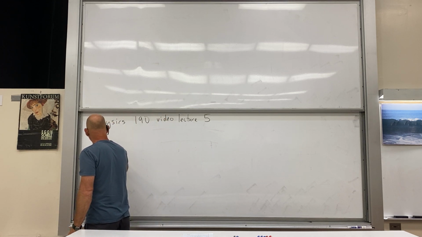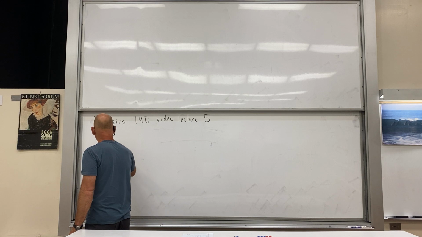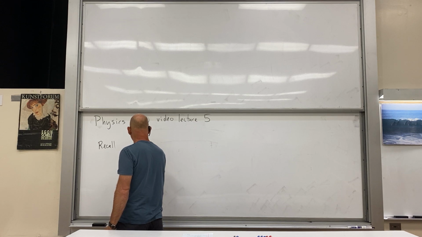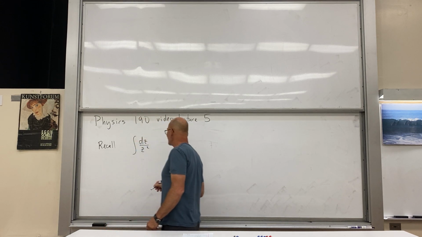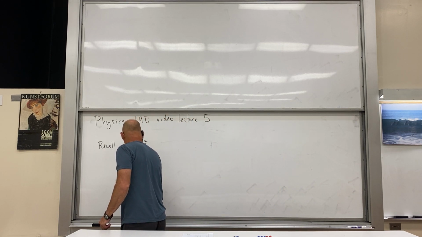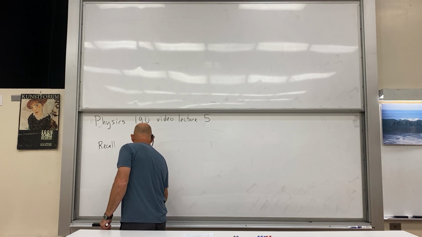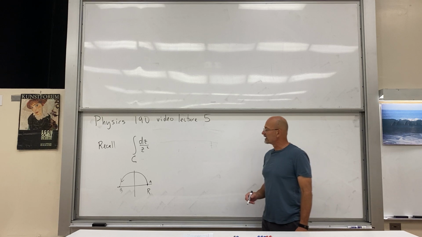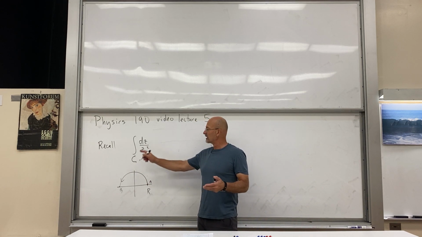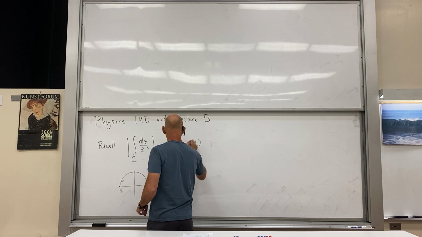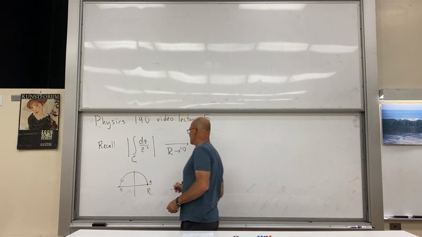So recall, we looked at dz over z squared, and we estimated it, and we found that for the contour, radius r semicircle here, let's say from A to B, that was bounded, and when r went to infinity, the magnitude of this thing went to 0 as r went to infinity.